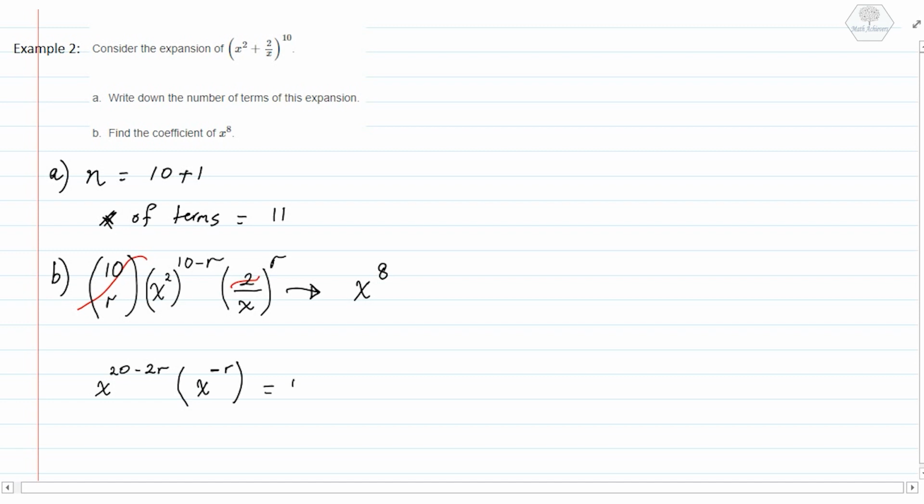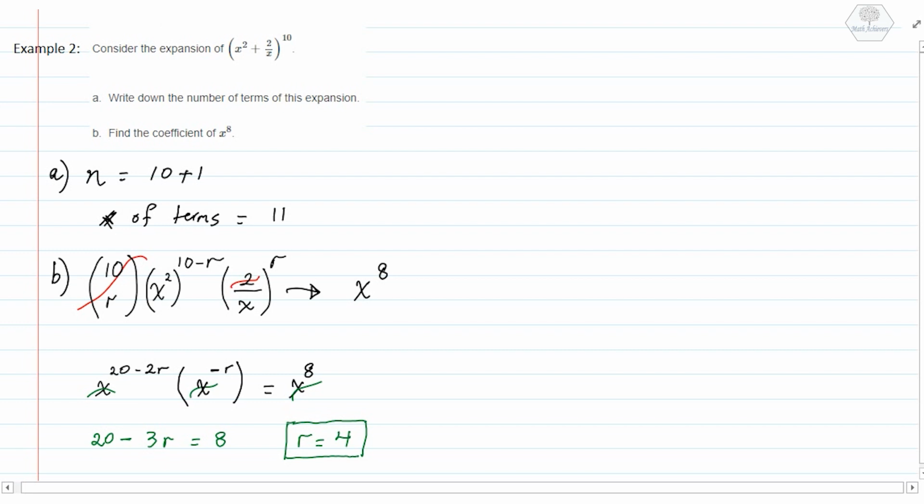It must give me x to the power of 8. So if we cancel out the x's, we'll have 20 minus 3r is equal to 8, having r equal to 12 over 3, which is equal to 4. Now I find the value of my r.